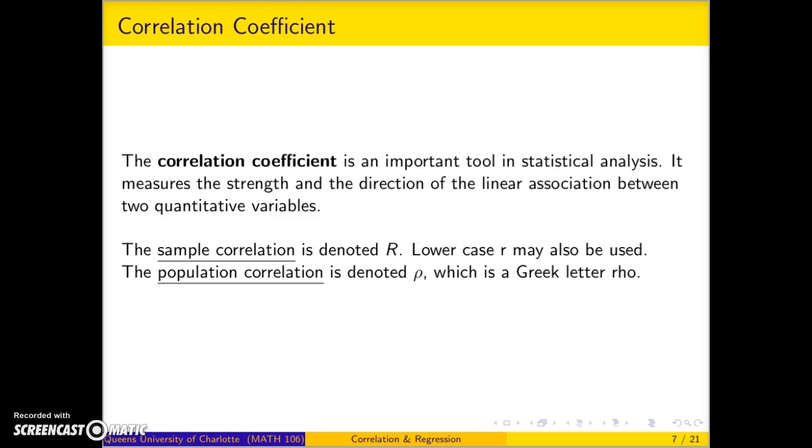The sample correlation is the best estimate for the population correlation. The sample correlation is denoted as R, and it doesn't matter if it's lowercase or uppercase. And the population correlation is denoted as rho. That's a Greek letter. So we want to use R to estimate rho.